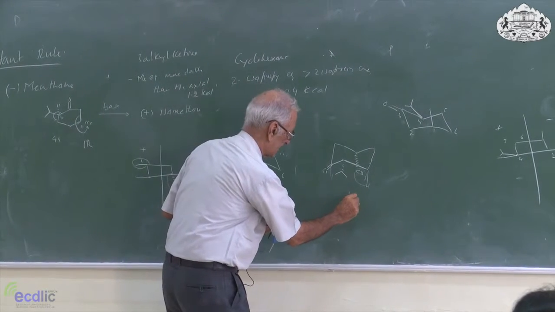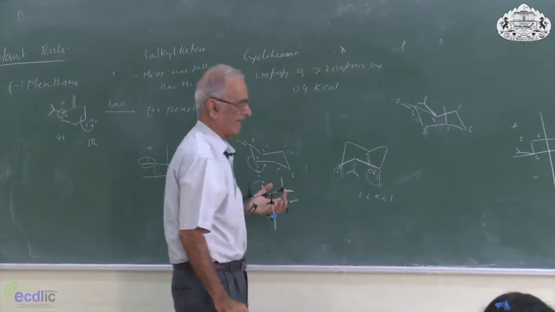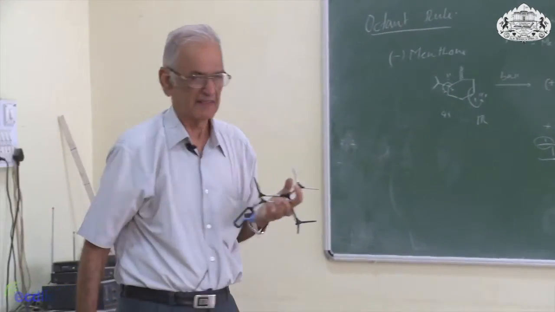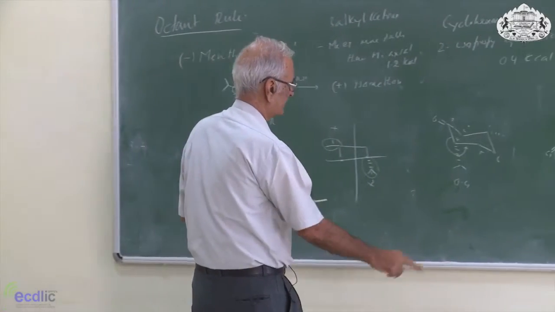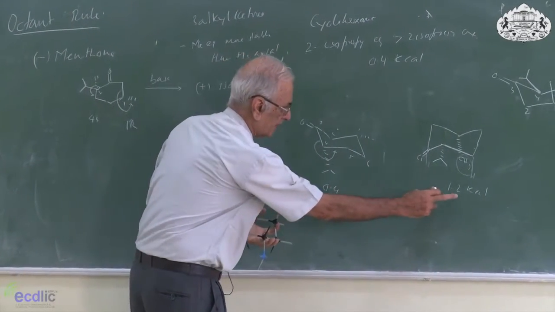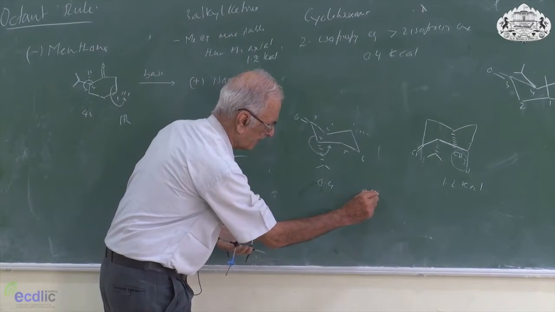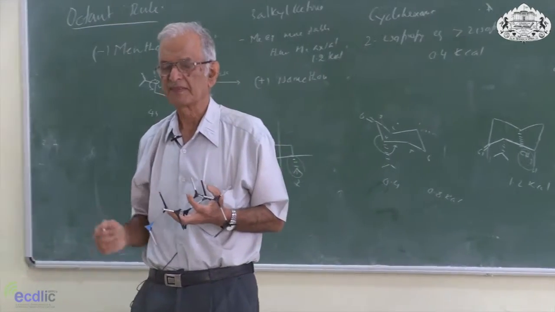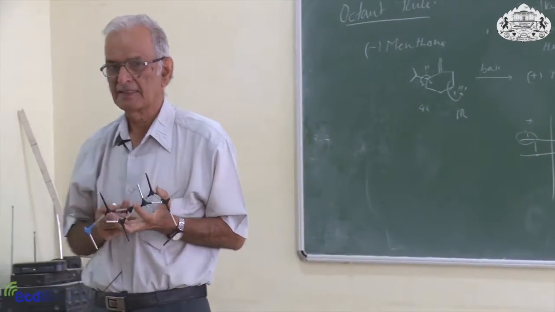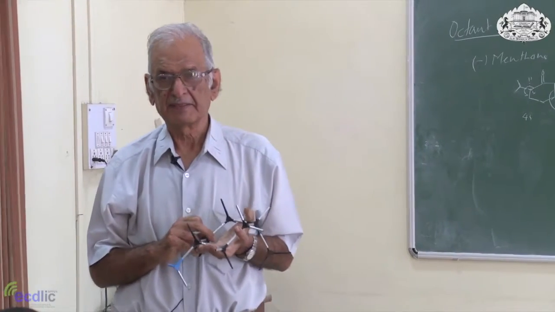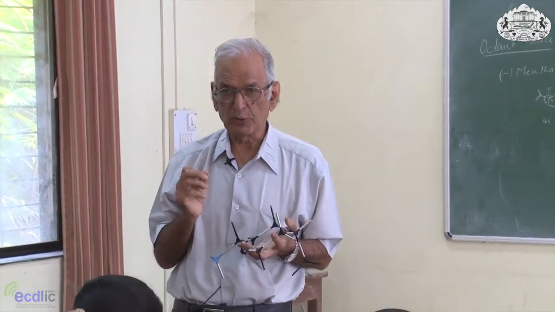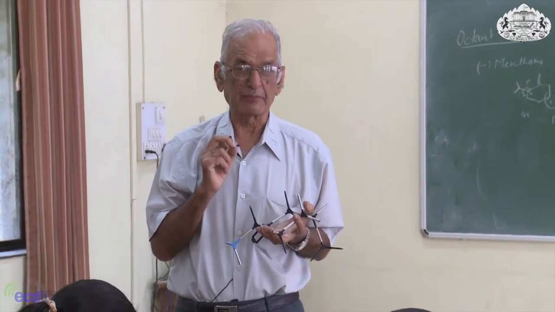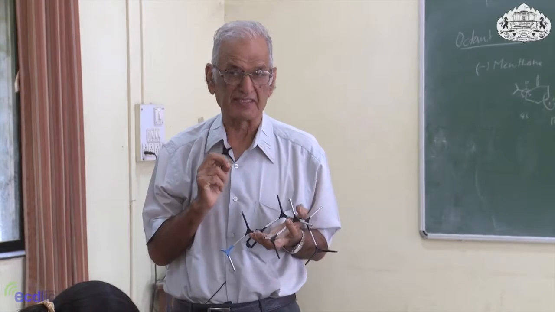So, this has methyl axial unfavorable interaction, 1.2 kilocalories. Therefore, this conformation is preferred to this by 0.8 kilocalories. So, in fact, from this example, we learnt that in a ketone, the difference between equatorial and axial position at the 2 position has reduced considerably.